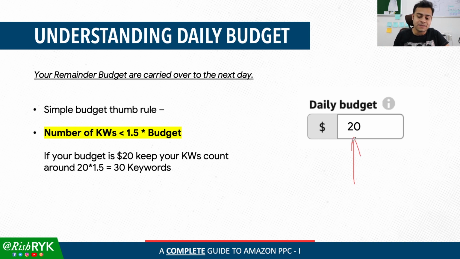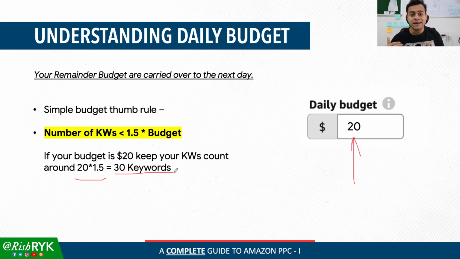Then the number of keywords in this manual campaign should never be over 30, because 20 times 1.5 is 30. Why is that? That is the first question that might come to your mind, why is it 1.5 times budget? Basically, 1.5 is a number that I've picked only because I only want to bid a maximum of $1.5 per keyword.